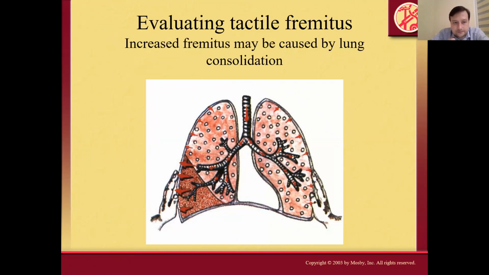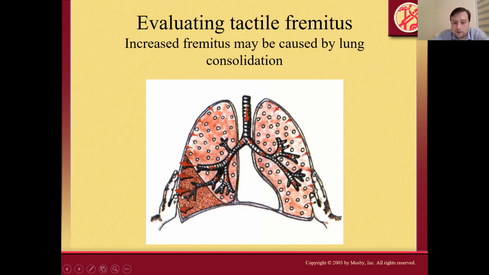Next picture, we have increased tactile parameters. First reason, the tactile parameters may be increased by lung consolidation. We see the right part of the picture is normal, left part, apex normal.